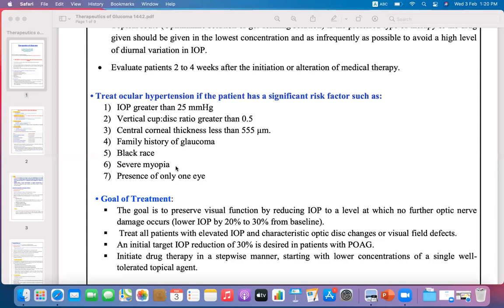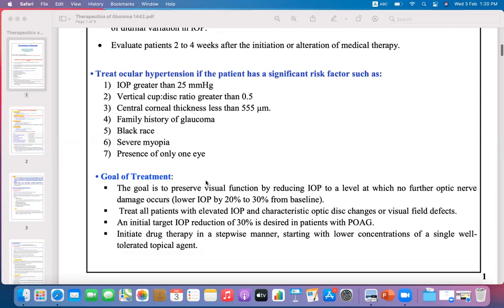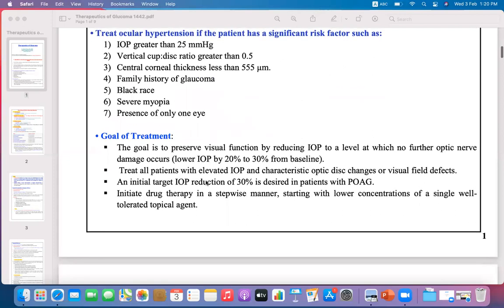Myopia is a condition in which patients are able to see near objects but are not able to see far objects. And the presence of only one eye indicates treatment for glaucoma.